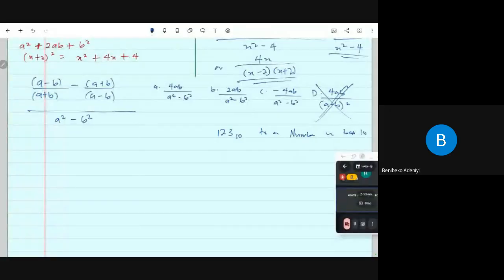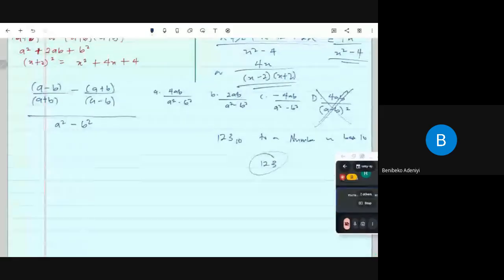Imagine, 123 in base 10 to a number in base 10. When the boy showed me the question, I told him the question is wrong. But later I said, come, bring the question again. When I saw it, I saw that in the options there's 123. I just told the boy that the answer is 123. Do you understand? I felt that maybe it's a mistake from the company that printed that past question. But I asked him to come back because with this question you don't need to solve anything.